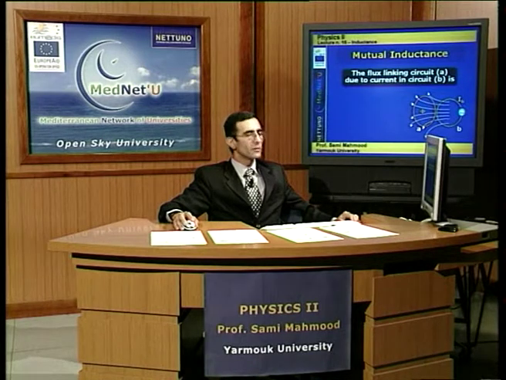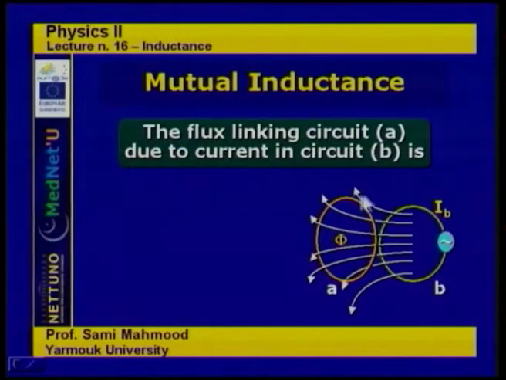And we consider this figure: the flux linking circuit A due to current in circuit B. This is circuit B. There is current in circuit B, and we assume that the current is varying, so that the flux is varying. In general, it's an AC case.